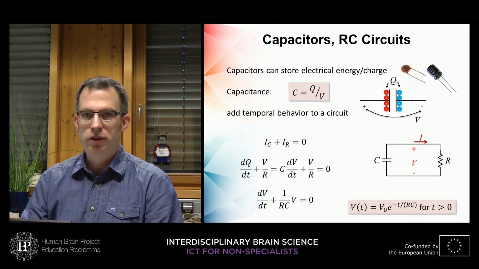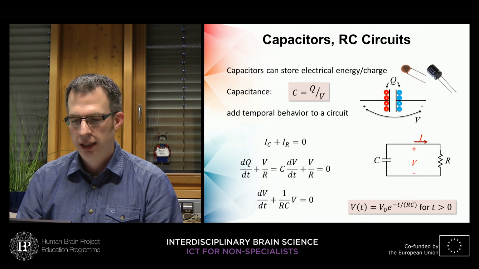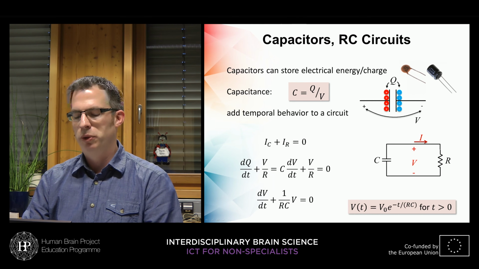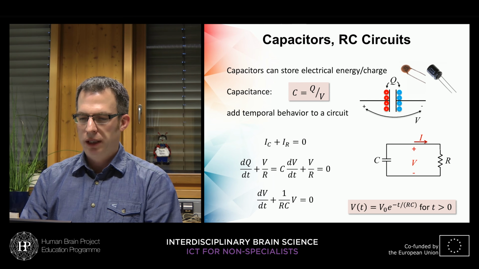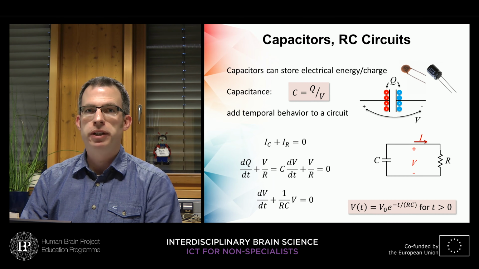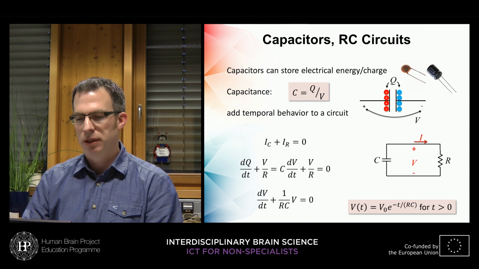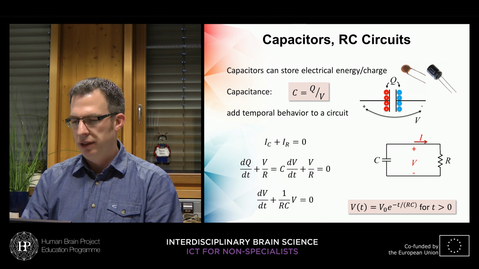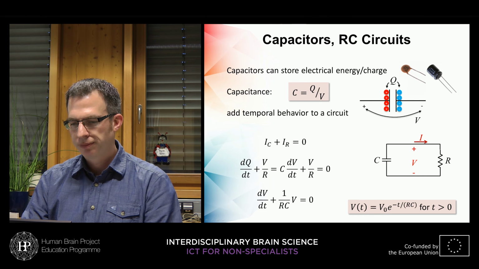Time derivative of the voltage plus 1 over RC times the voltage equals 0. And if we now know our starting conditions like V0, we can have an exponential decay of the voltage on this capacitor. So voltage depending on time is this voltage V0 times exponential of minus time t over RC.